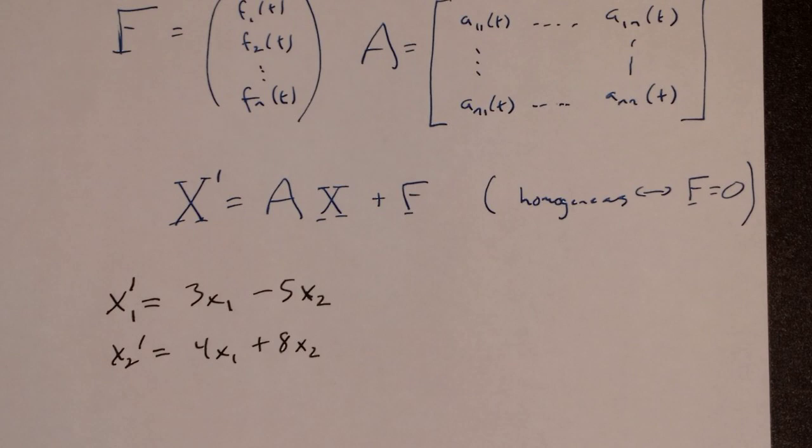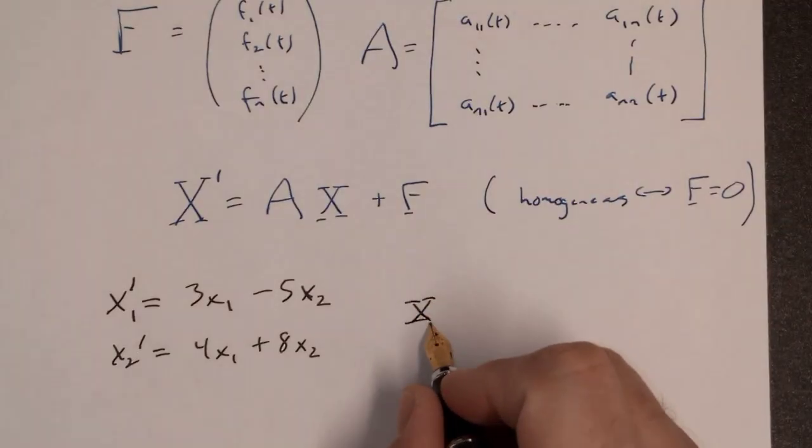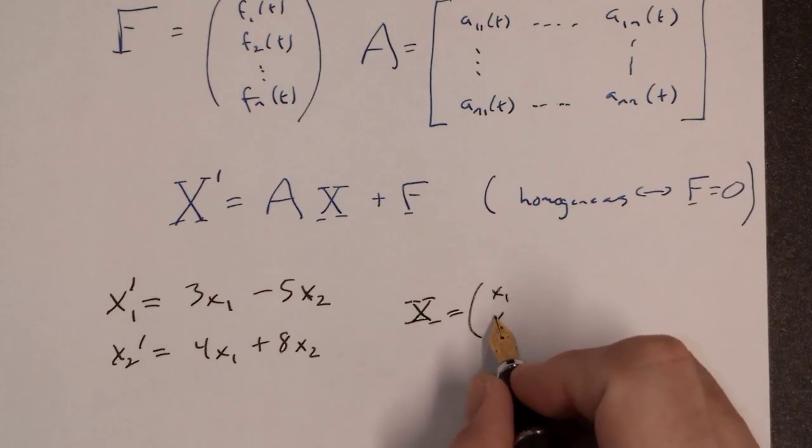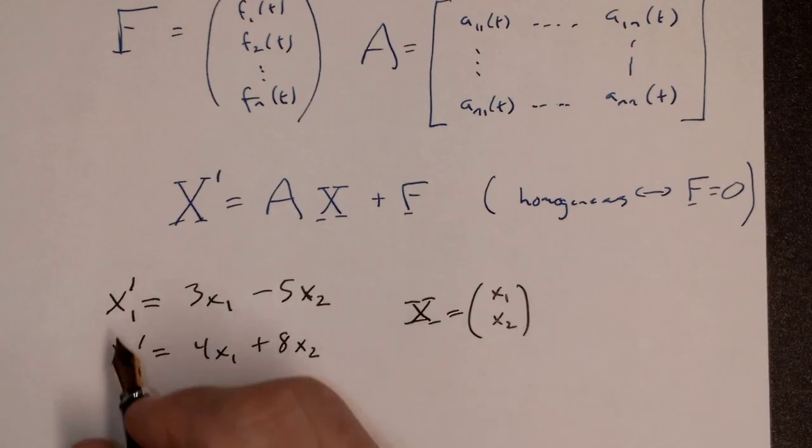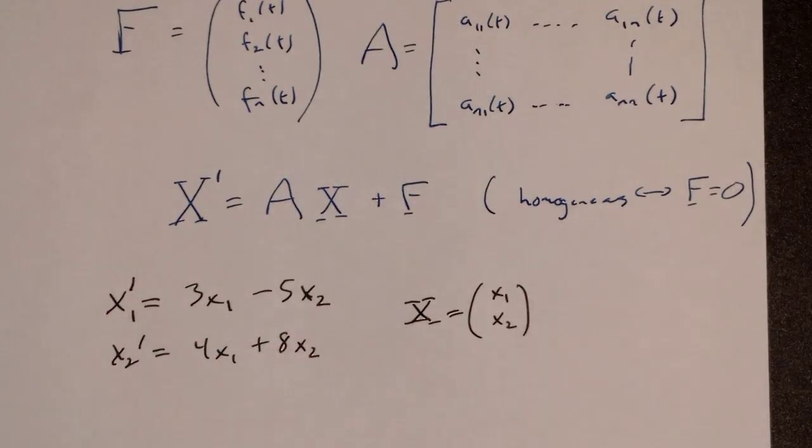Let's convert this to matrix setup. If I rewrite this as matrix setup, I'm going to let X be the vector x1, x2. Well, then this left-hand side is x prime.